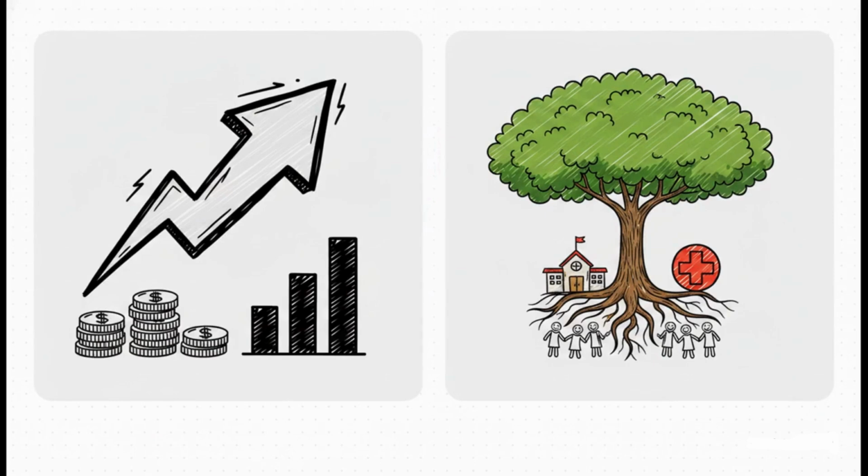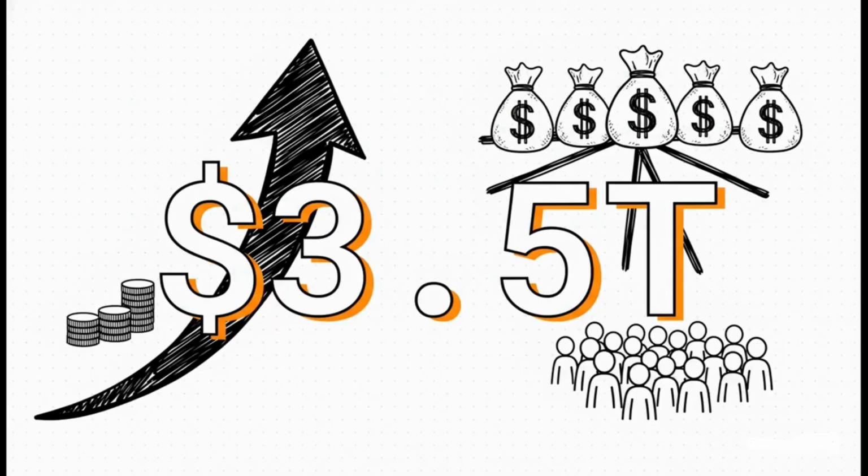Keeping that idea of sustainability in mind, look at this absolutely critical difference. Growth is simply an increase in pure economic activity and transactions. Development, however, is a much broader view of social progress and overall well-being.